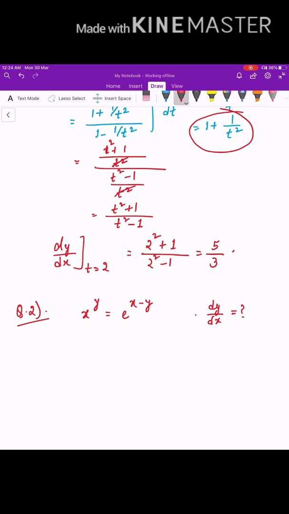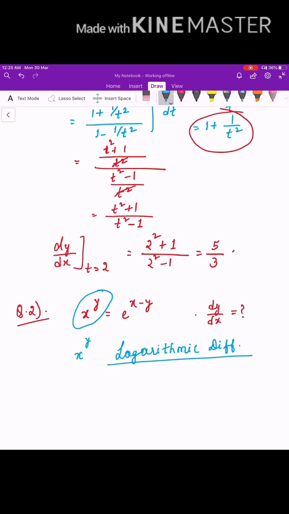Now please note that here x is also a variable, y is also a variable, and it is in terms of first variable to the power second variable. If you remember, at the end of the last video, we discussed a concept called logarithmic differentiation.